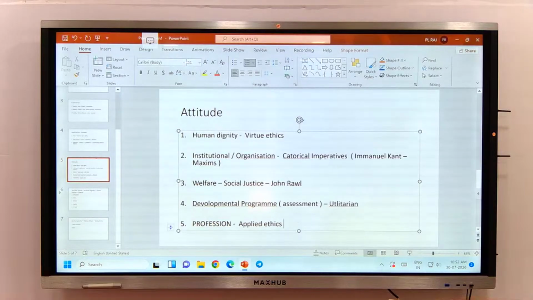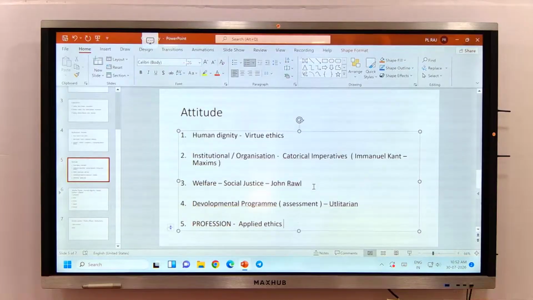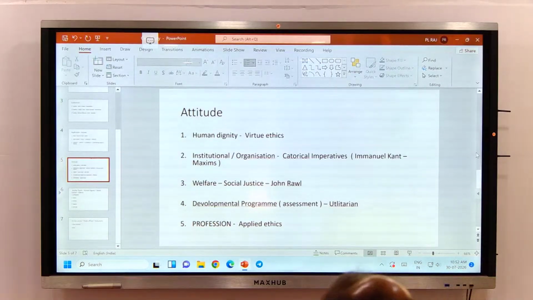Every field, every domain has its own ethics. A military domain means military ethics. A medical domain means medical ethics. So these should be the guidelines for dealing with the case. Let me go for the first case.